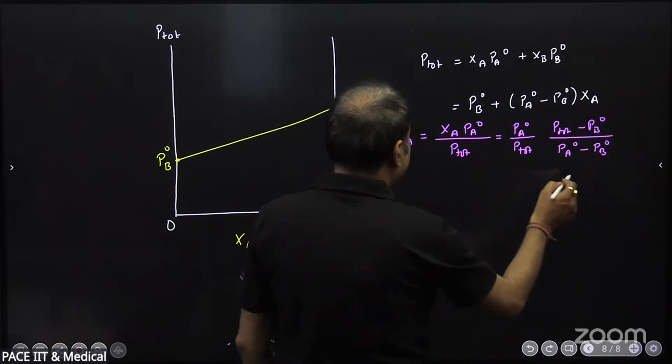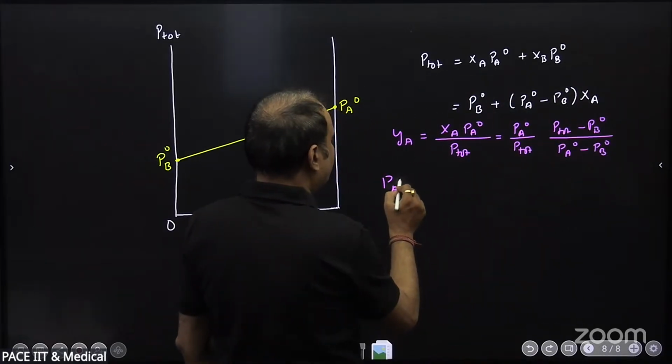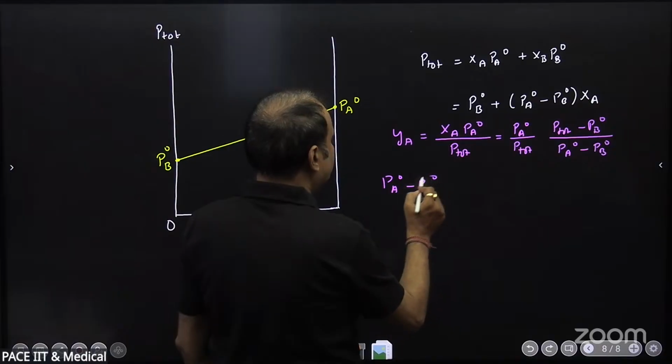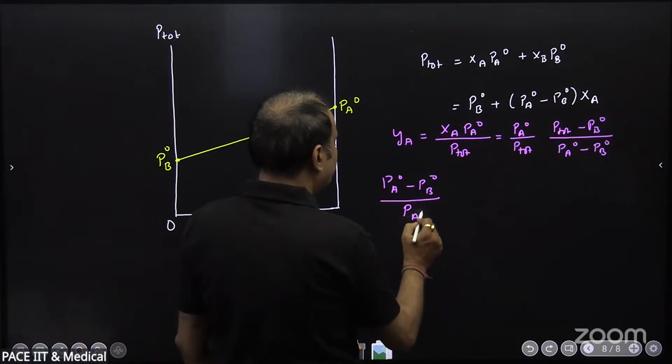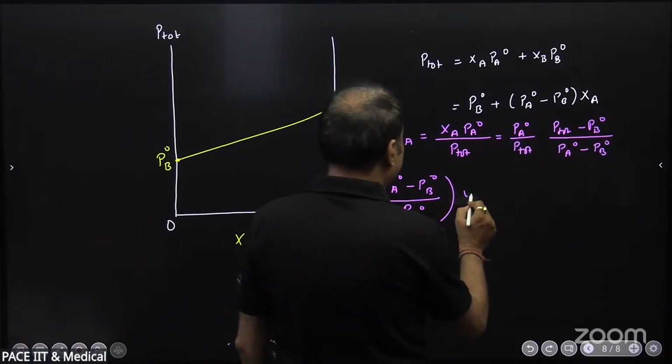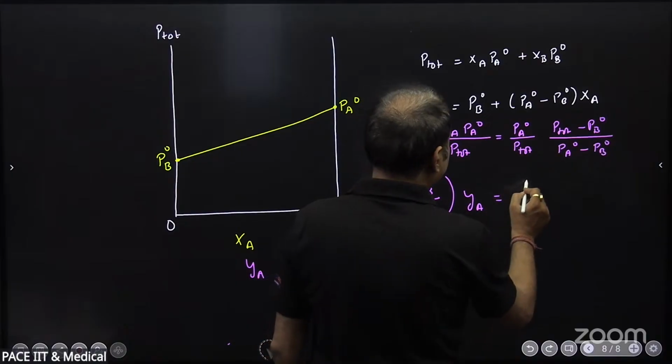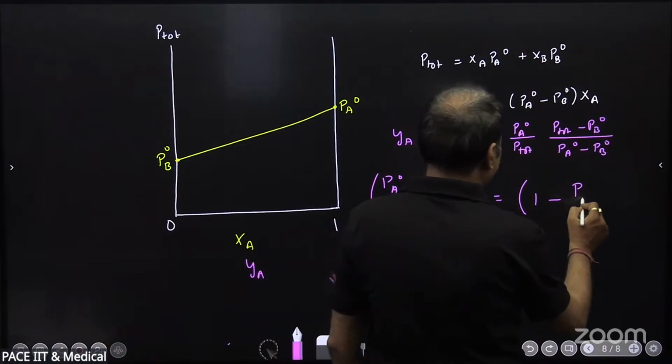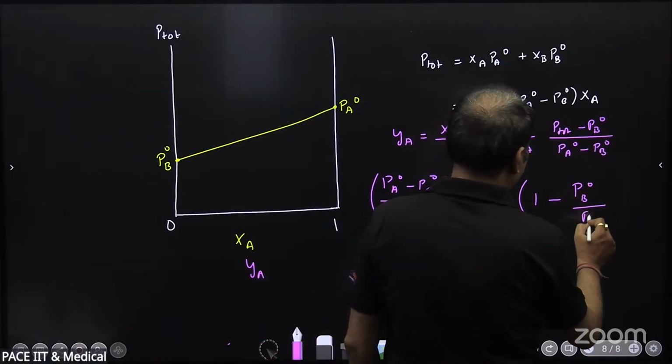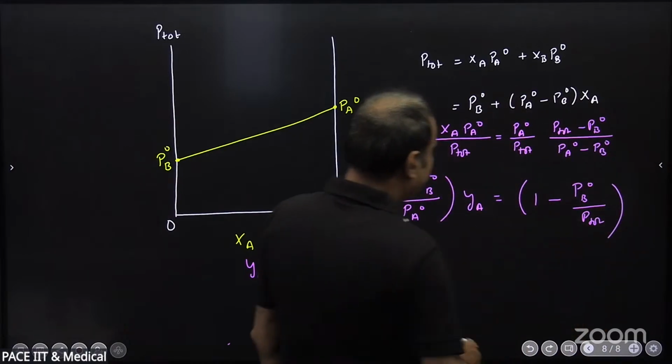So this I can rearrange: PA naught minus PB naught upon PA naught. This I bring on the left side into YA is 1 minus PB naught by P total. Correct?